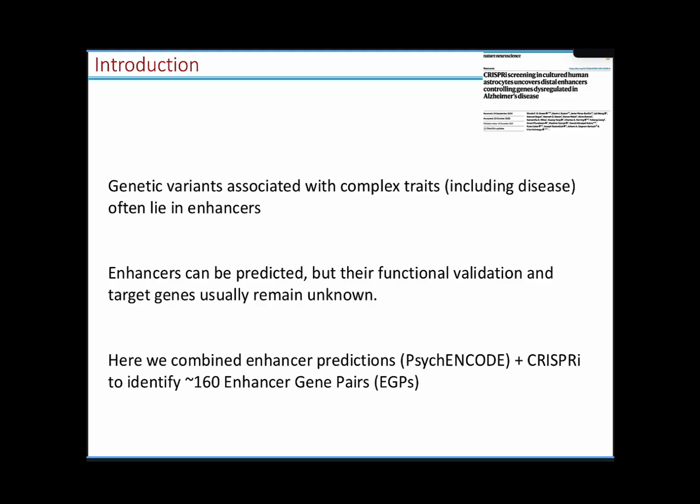So what they decided to do in this paper is combine enhancer predictions that were made based on these epigenetic marks that I was mentioning before. Anytime that you see the word ENCODE associated with some genomic study, and we'll discuss that in a bit more detail in the next slide, what that means is that it's part of a much larger, multicentric effort called ENCODE, that basically took it upon themselves to connect epigenetic marks to functional features of DNA, right?